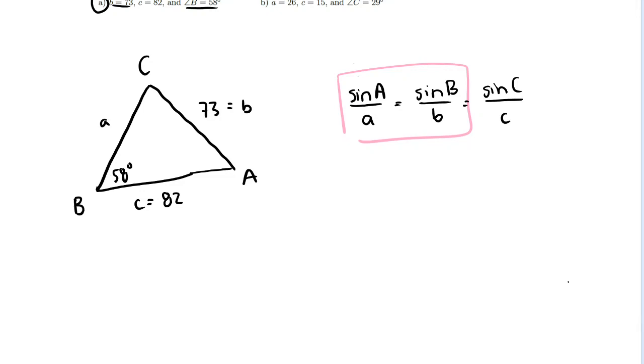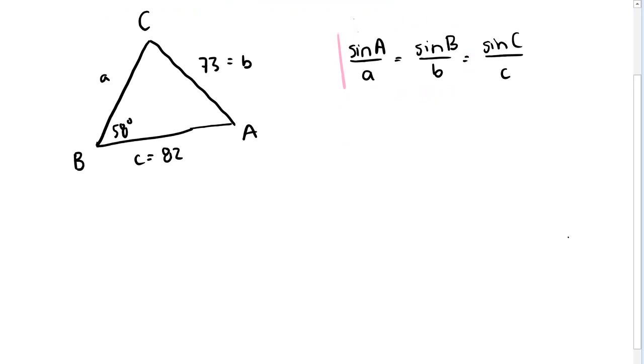Maybe just to show an example, we have an angle and its opposite side length. Sine of B is sine of 58 degrees divided by B is 73. And so we can use this to figure out sine of C over C.